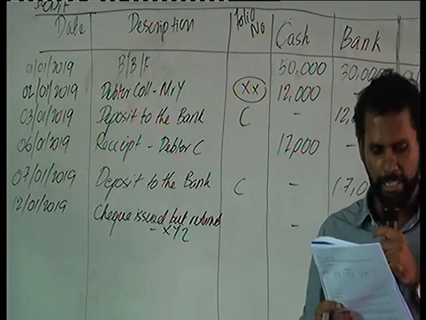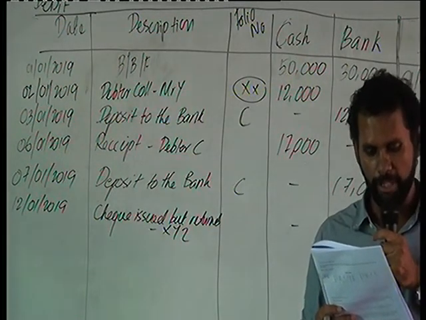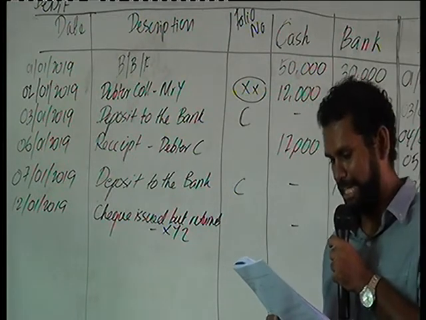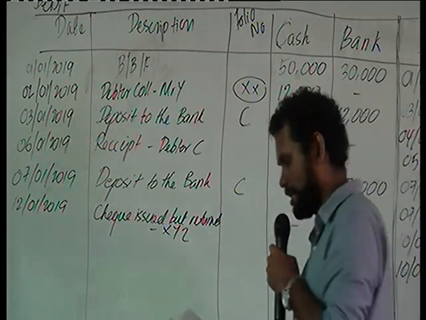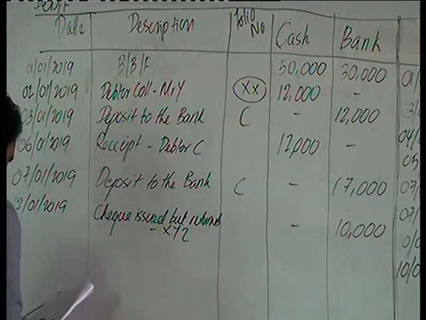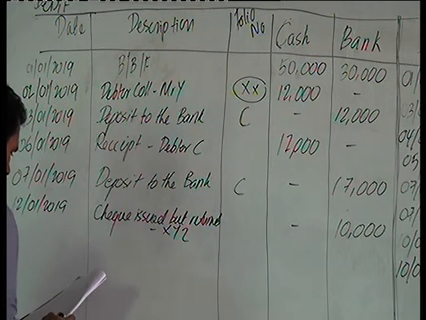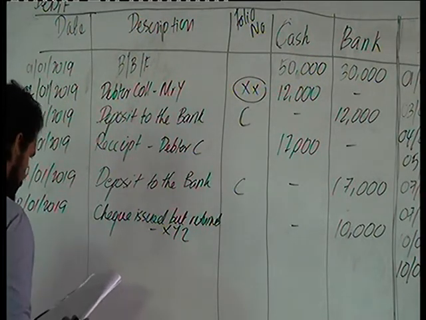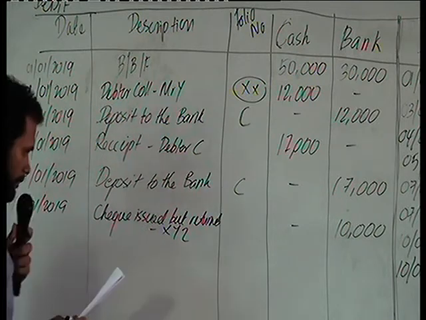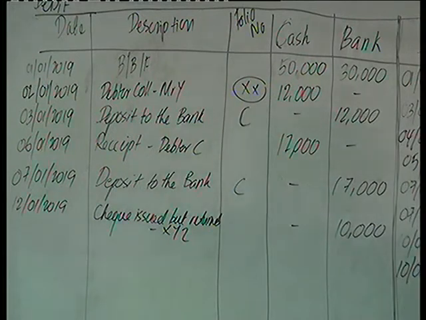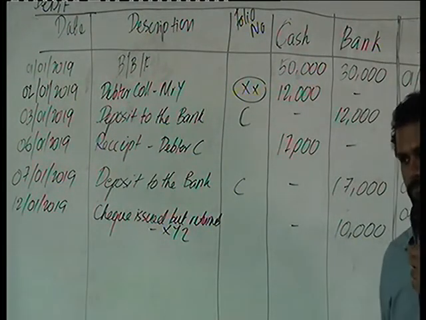Then 13th January 2019, a check for an amount of 5,000 received from Mr. B, a friend of Mr. A, has been encashed. What has happened? So a check for an amount of 5,000. Now there are two transactions here. Encashed means you deposit the check into the bank account and take the cash back.